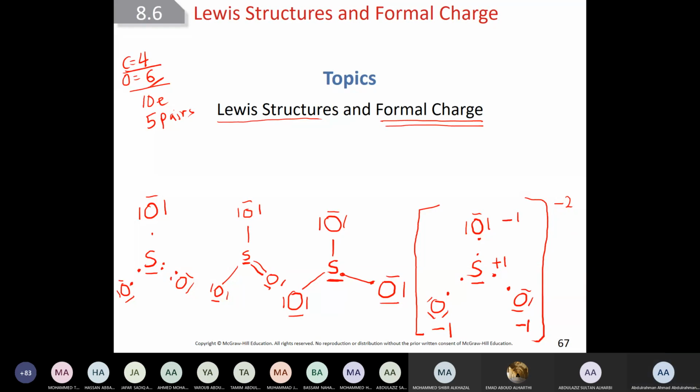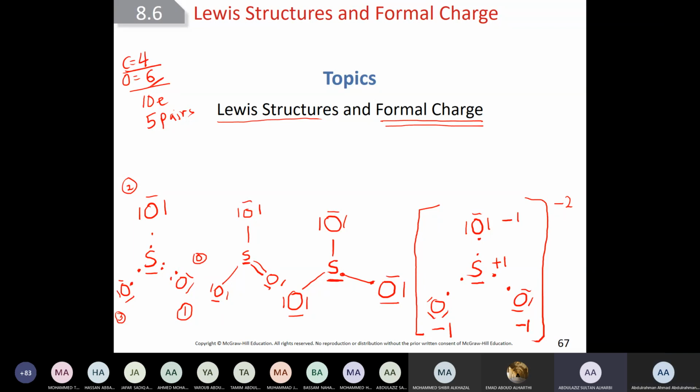Now, what's the formal charge? I'll call this one oxygen 1, oxygen 2, oxygen 3, and sulfur. What's the formal charge on oxygen 1? 0. Why?